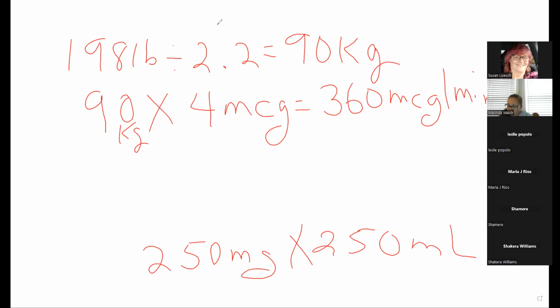All right, so you have to convert that micrograms into milligrams. Your answer also has to be in mLs per hour, so you also have to convert that minute into an hour. Those are the 2 steps you have to do before you can move on here. I always start with this.